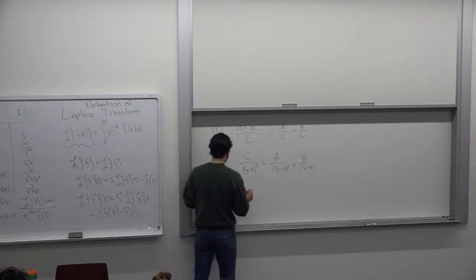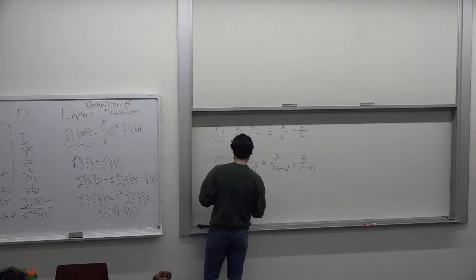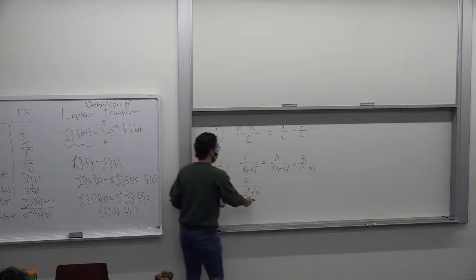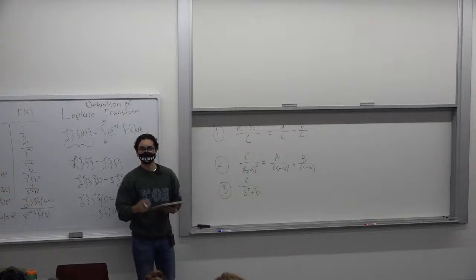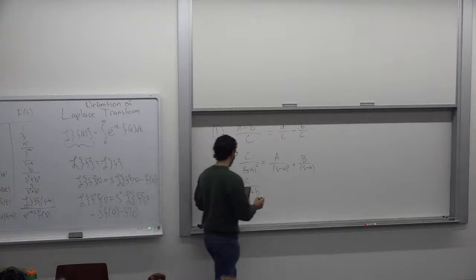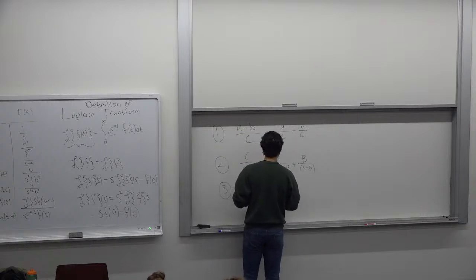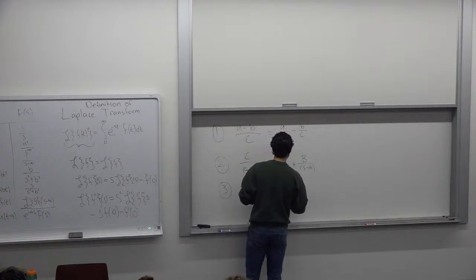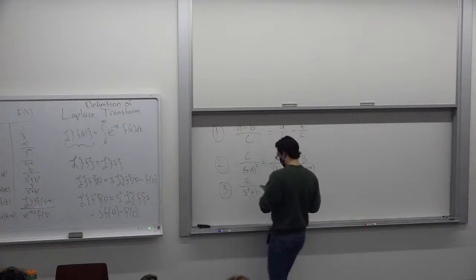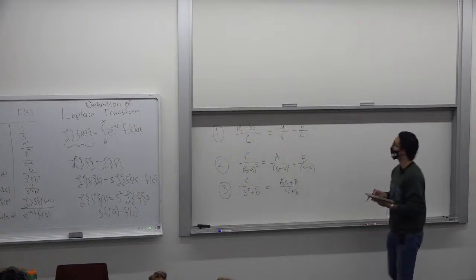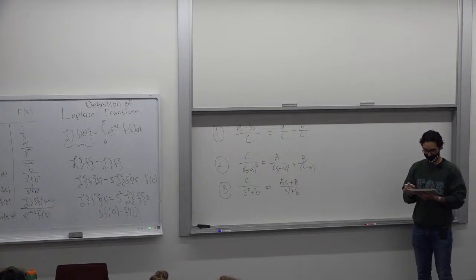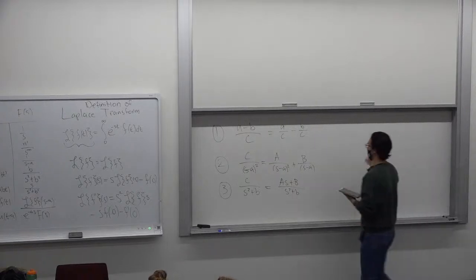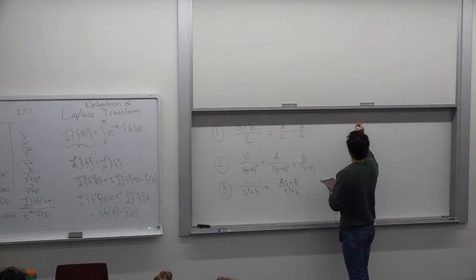They might also throw at you c over s squared plus b, where you can't factor the denominator. This is a super simple one.